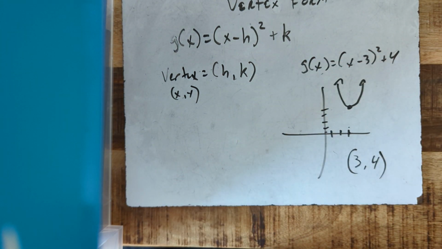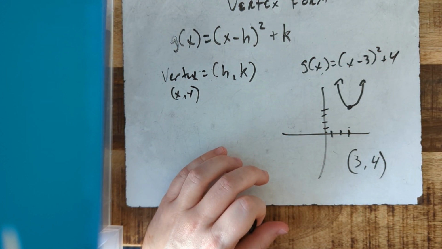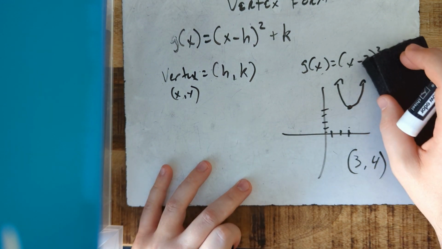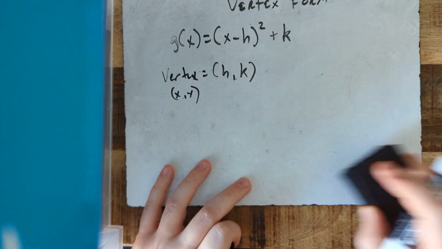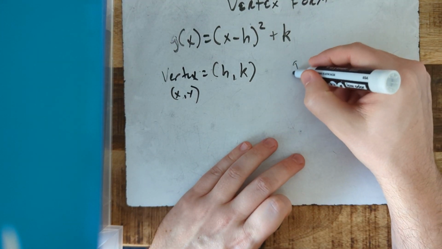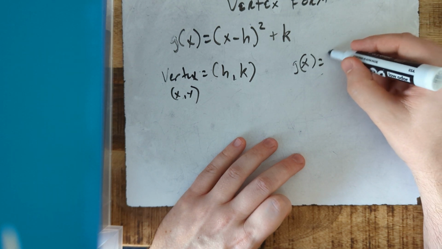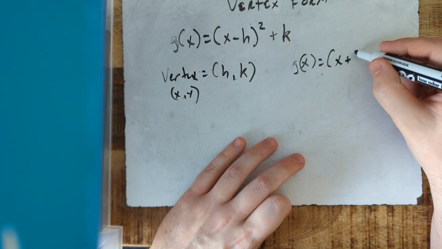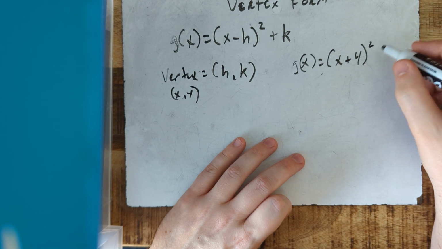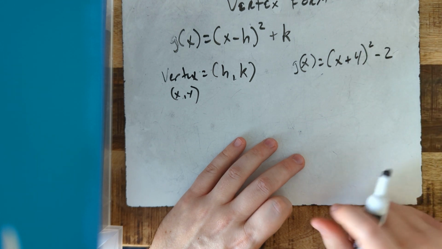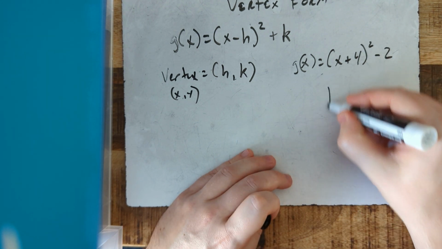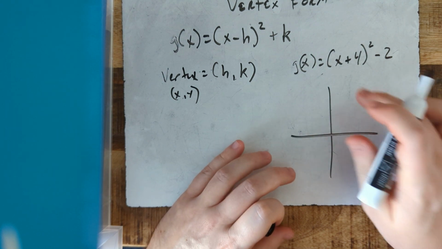Now, let's do another quick example. Let's do g of x equals (x plus 4) squared minus 2, okay? Draw a simple graph here and start in the middle.